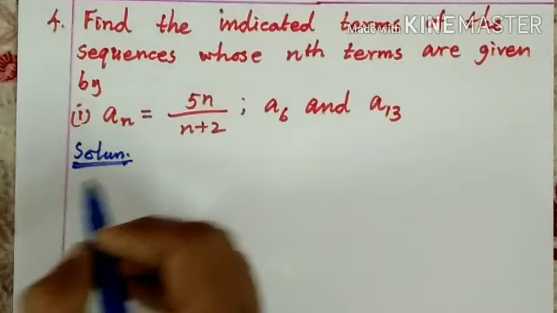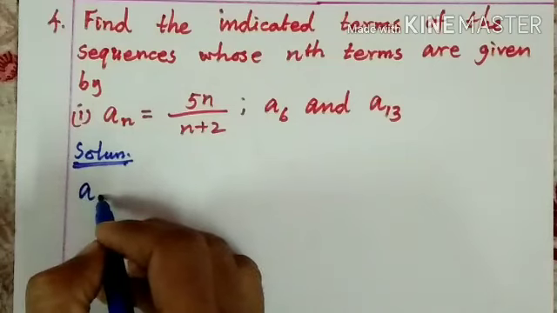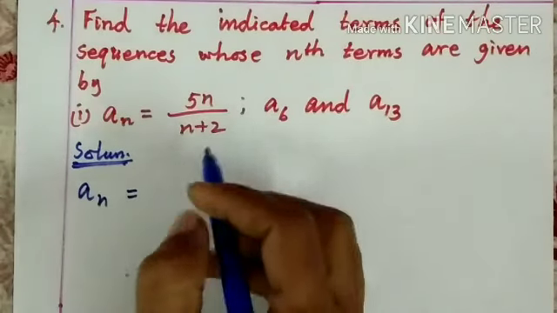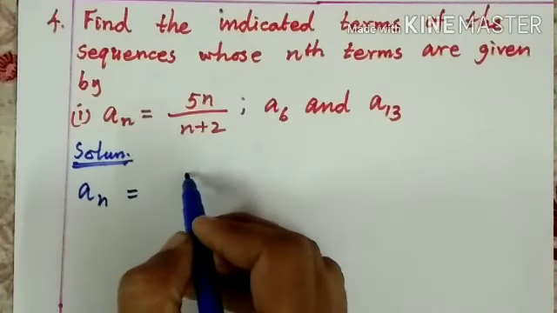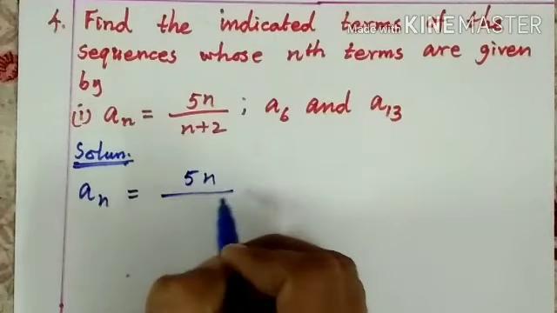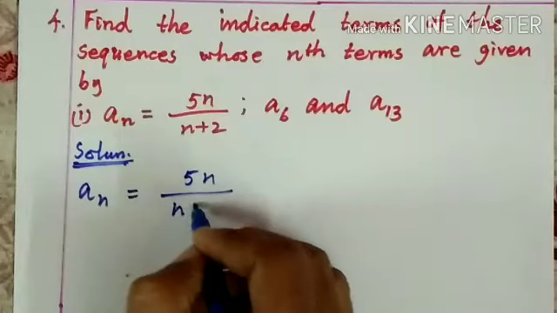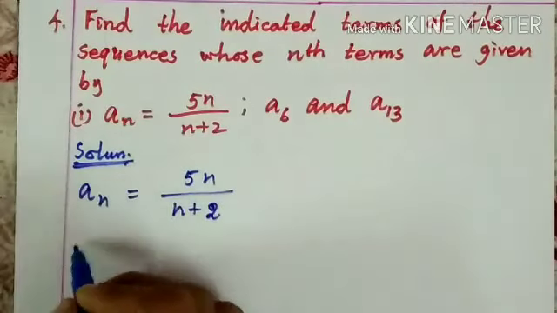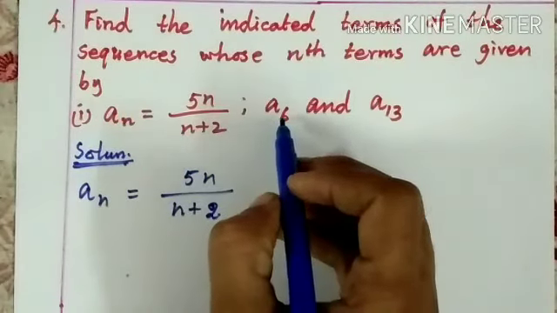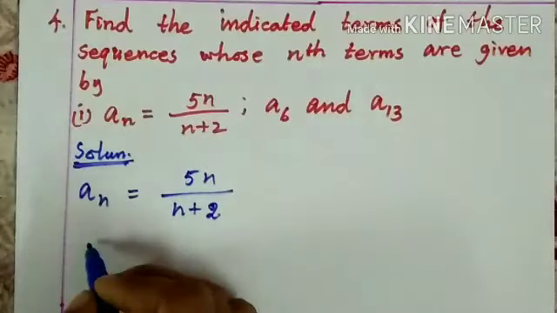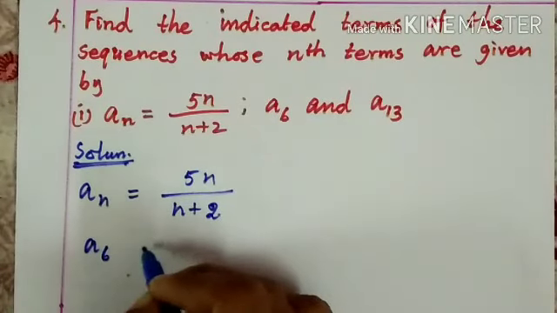Let us do the solution. First you take down and write the general term, that is An is equal to 5n by n plus 2. First you have to find the first indicated term, that is A6.